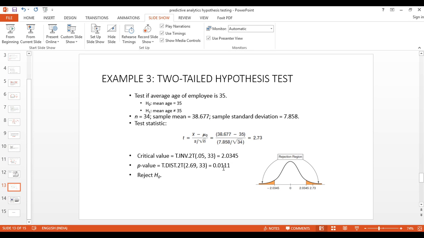It's 0.01. So p value is less than alpha. What is alpha? It is 0.05. So we reject H0.